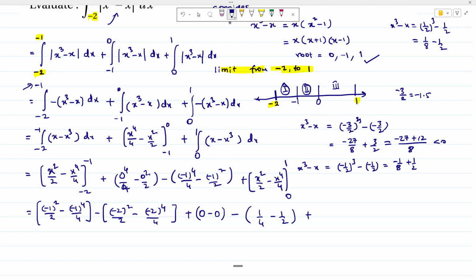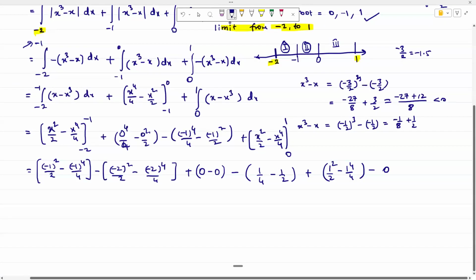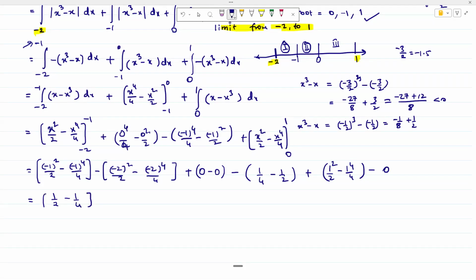Now substituting limits for x square by 2 minus x power 4 by 4 under limits 0 to 1: 1 square by 2 minus 1 power 4 by 4, upper limit minus, of course, lower limit, which is 0. So this is 1/2 minus 1/4. Keep brackets: 4/2 minus 16/4, and this is 0. And 1/4 minus 1/2 is minus 1/4.